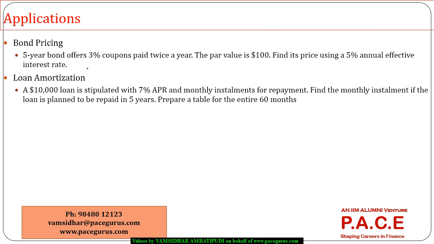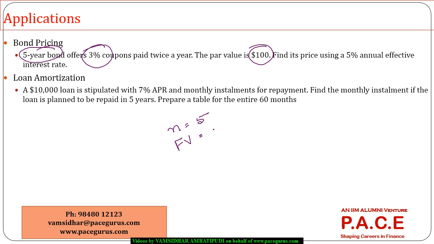I'm talking about a 5-year bond, right? N is 5. It offers a 3% coupon. The coupon is some fixed amount that the bond pays every year. The par value of the bond is 100, which is the final value.